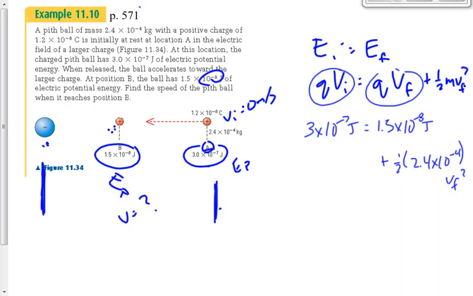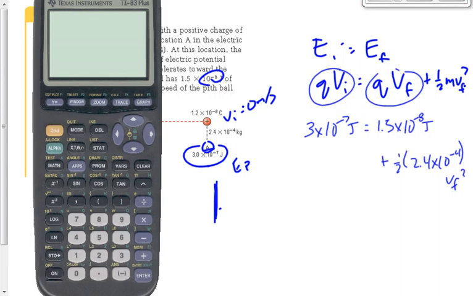Let's pull out the calculator and see what we can do with this. 3 times 10 to the negative 7, subtract 1.5 times 10 to the minus 8. We've got to get rid of the half, so we multiply it by 2. Oops, something's wrong there. 3 times 10 to the minus 7, subtract 1.5 times 10 to the minus 8.